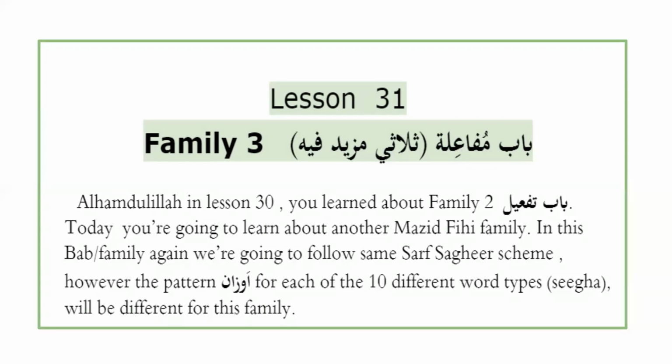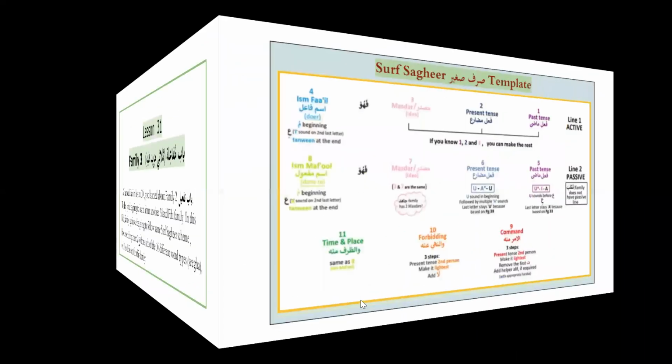But the pattern, the wazan, for each of the 10 different words is going to be different for this family. The past tense and present tense are going to be different from Bab Taf'il. It's not going to be like allama. Now the pattern would be different for past tense.